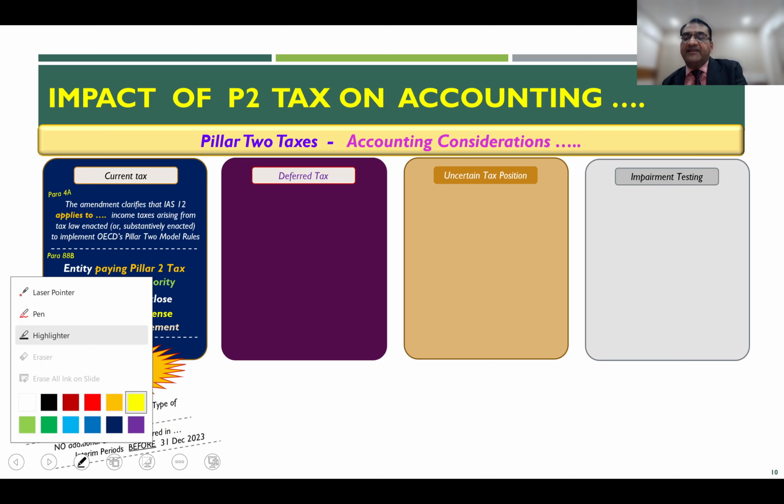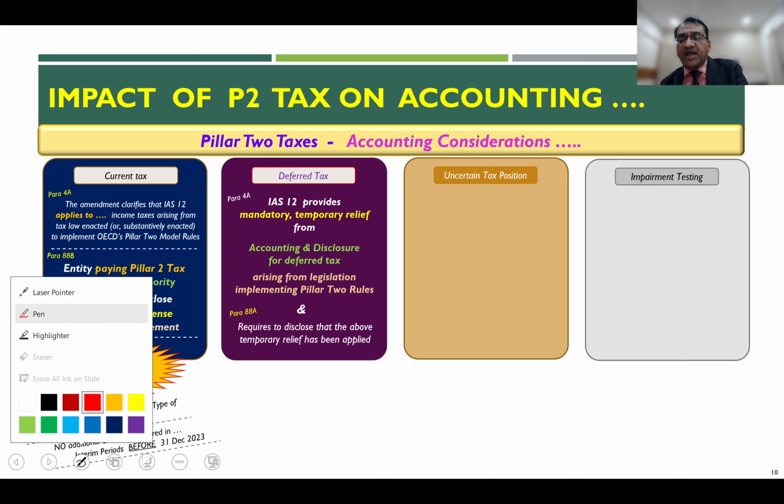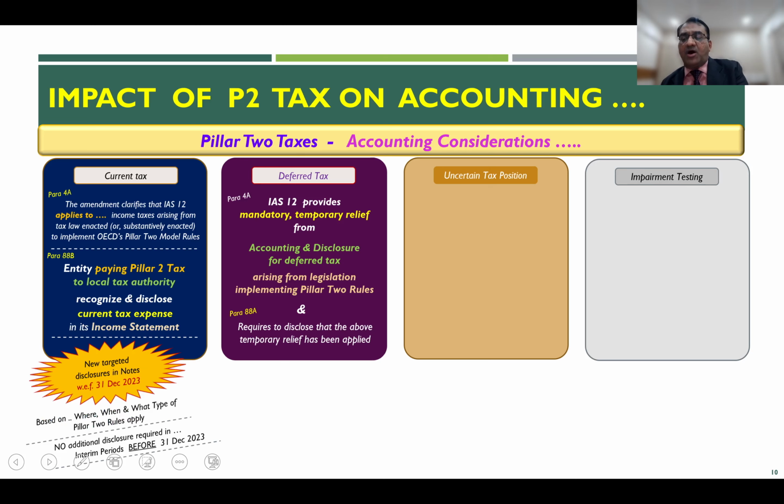Okay, coming back to the deferred taxes. On the deferred taxes, again, clarity has been given. Paragraph 4A also clarifies that, considering how things are unfolding, IAS 12 says that there is a mandatory and temporary relief from both accounting and disclosure of deferred taxes arising out of the implementation of Pillar 2 rules.